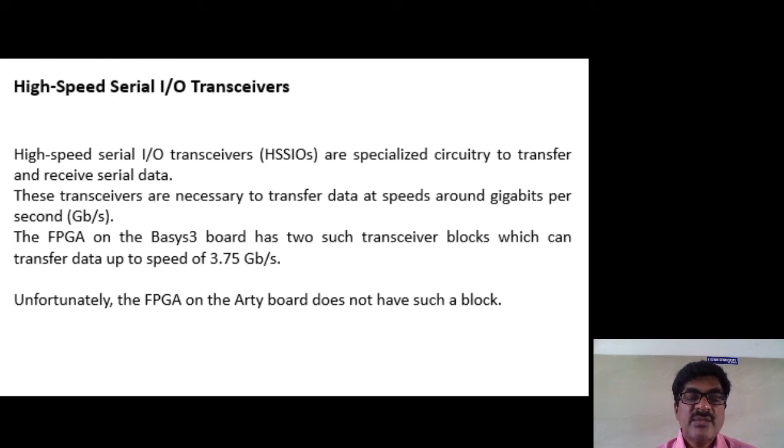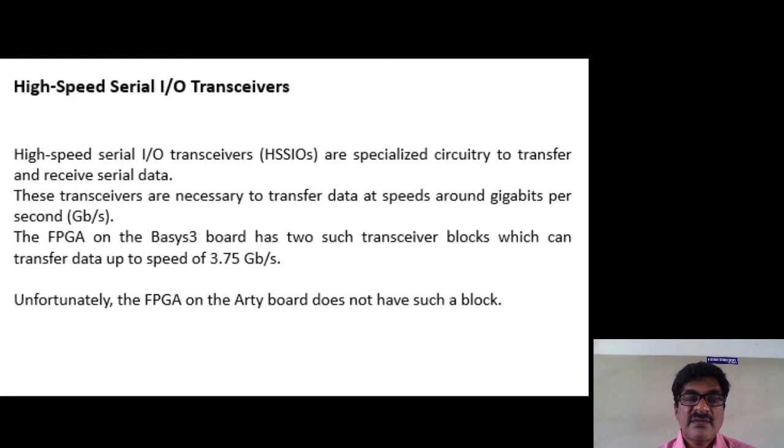Another block is the high speed serial input output transceiver. Already you know, a transceiver transfers data in both directions, and its speed is in terms of gigabits per second.